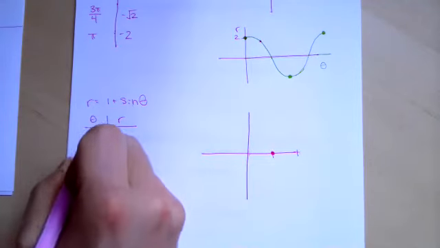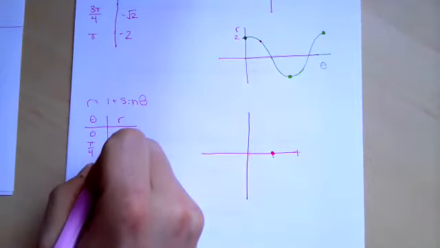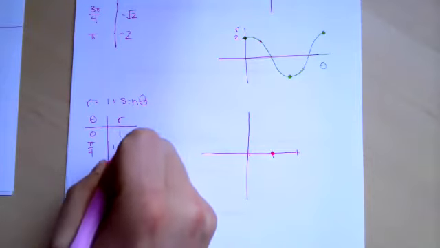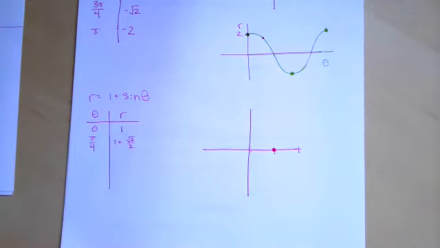And let's move around again by pi over 4. Sine of pi over 4 is root 2 over 2, so we get 1 plus square root of 2 over 2. And how big is that?